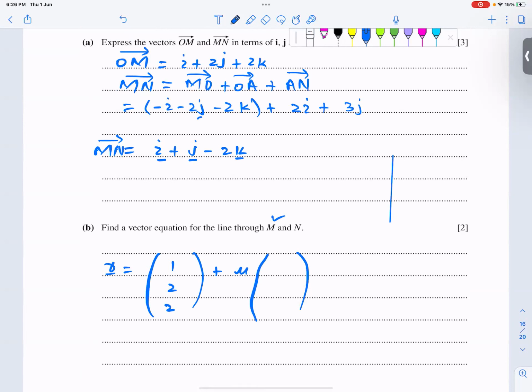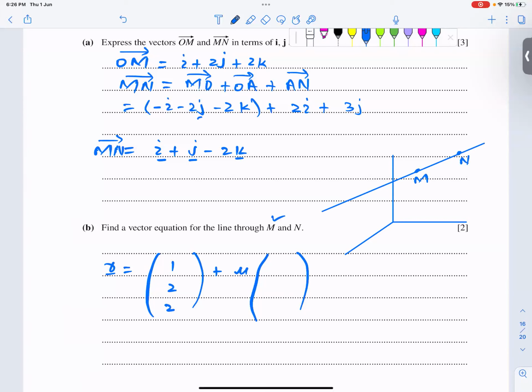One more thing you need to remember, always draw the diagram, a rough diagram. This is not needed, but this will be helpful for you. Here we have M, and here we have N. Okay. So now we need the directional vector parallel to the line, and that could be MN itself. Okay. So MN will be 1, 1, minus 2. So this will be the equation for the line through M and N.